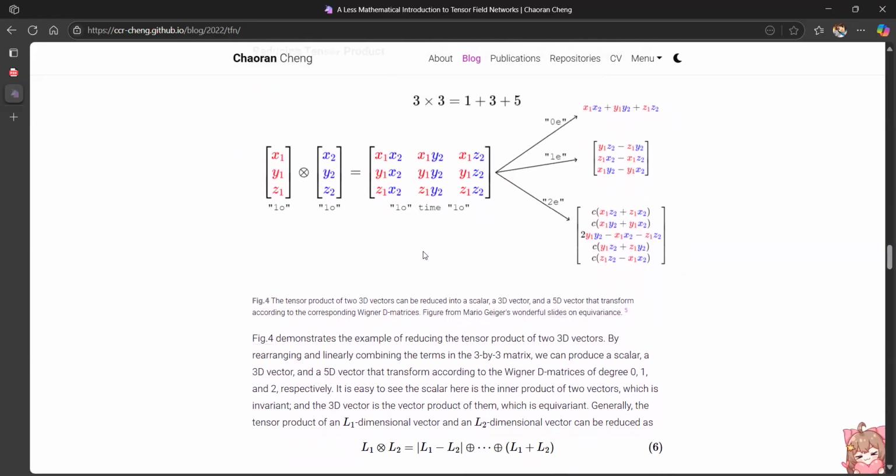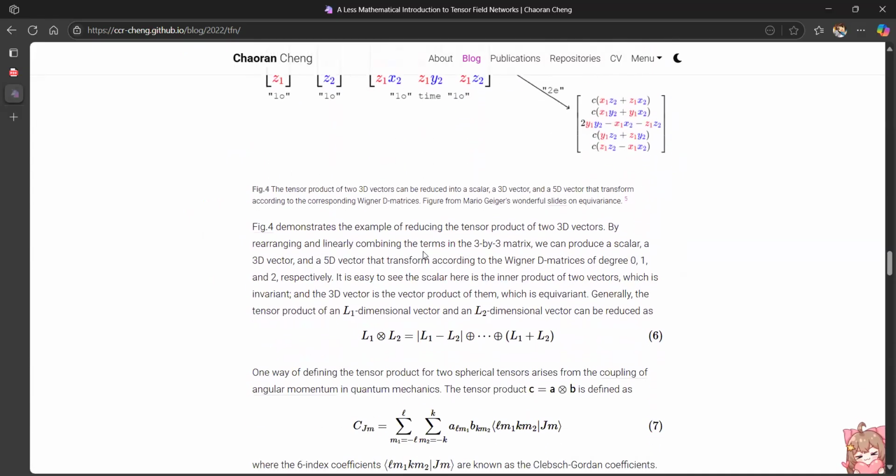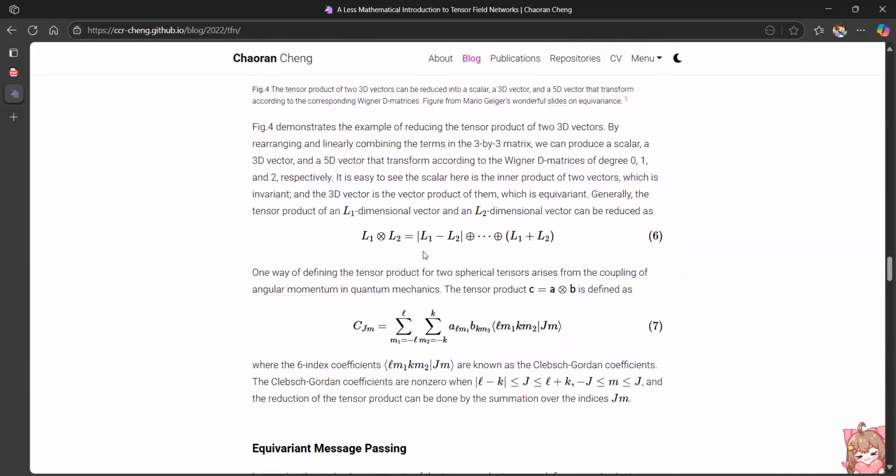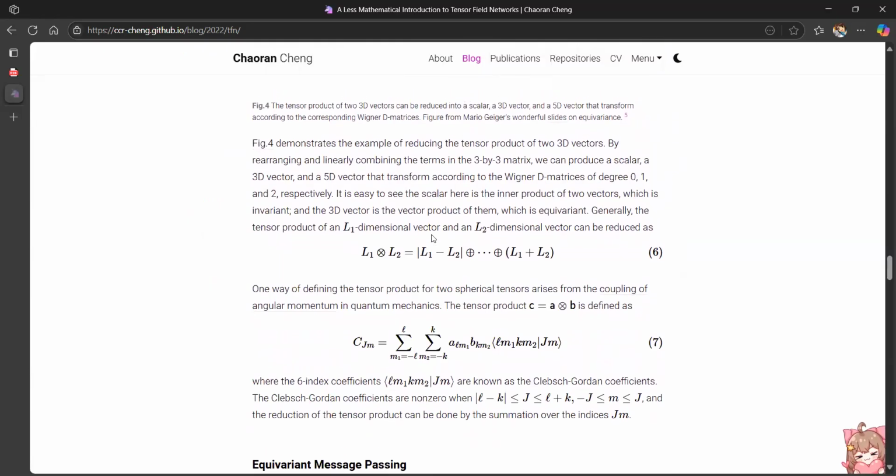So for those who are familiar with quantum physics, you can represent angular momentum in quantum mechanics, right? With this kind of form.